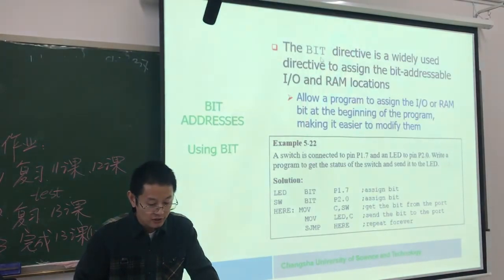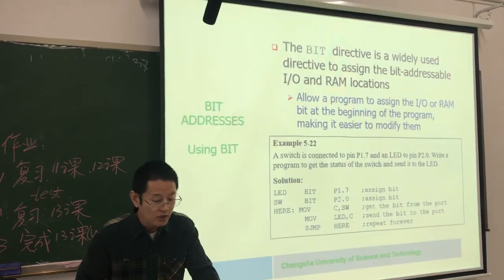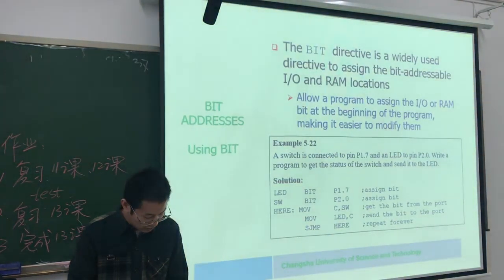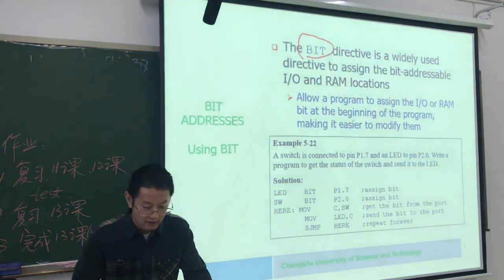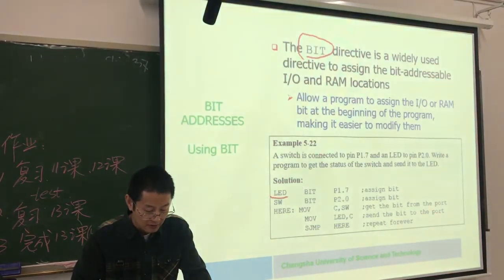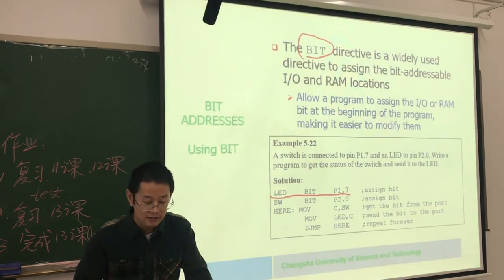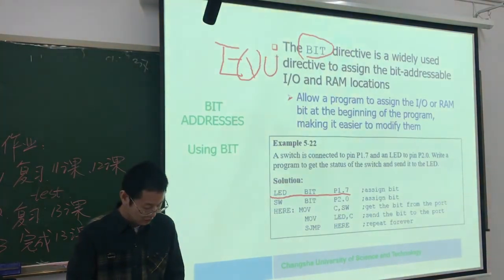The bit directive is a widely used directive to assign bit-addressable I/O and RAM locations, which means you can use bit address instructions. Make this LED equal to P1.7, just like the EQU I introduced before.